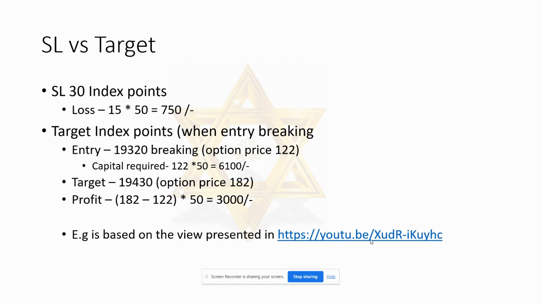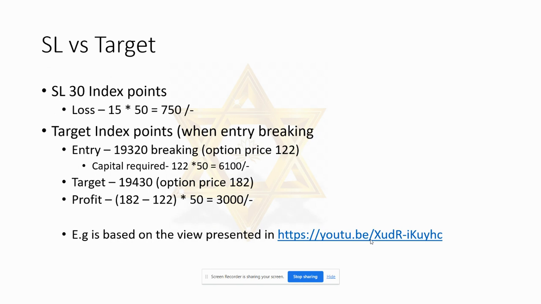If you do this consistently, you will see that at least 60 to 70% of the time it will reach the target. Even with three times hitting the stop loss, you will consistently be making a profit, and you can see your account growing.